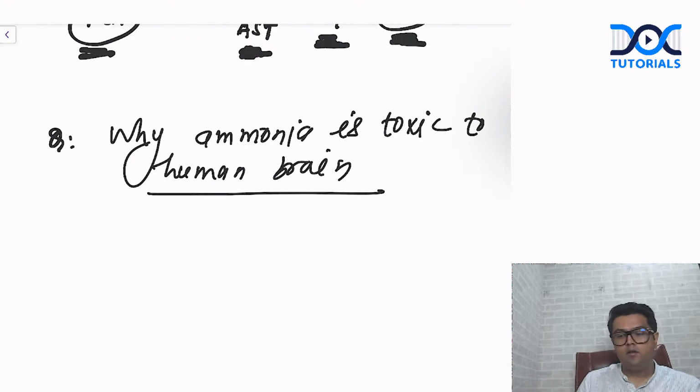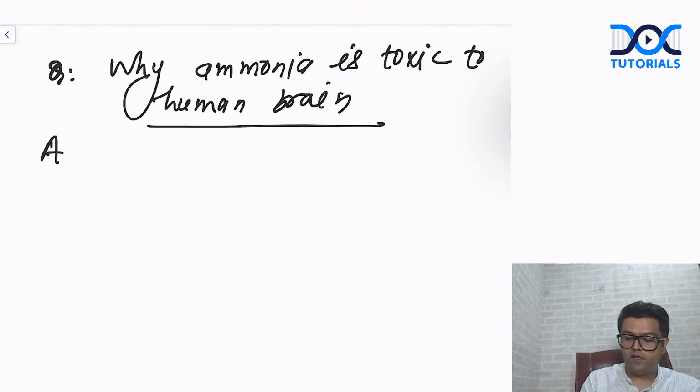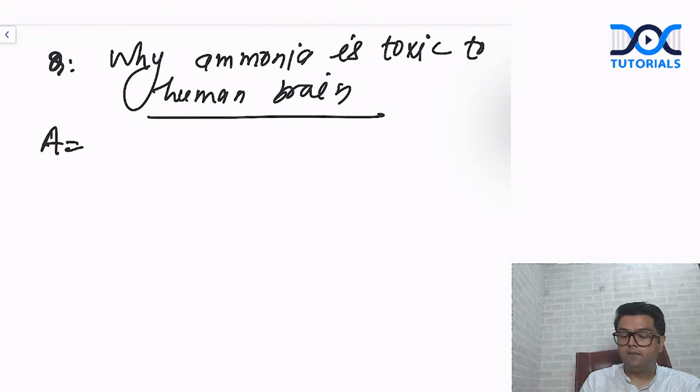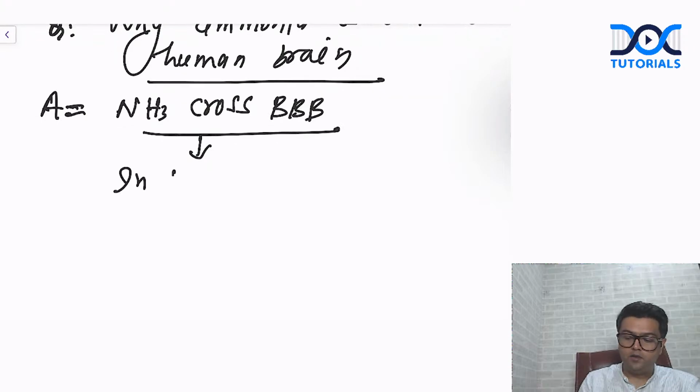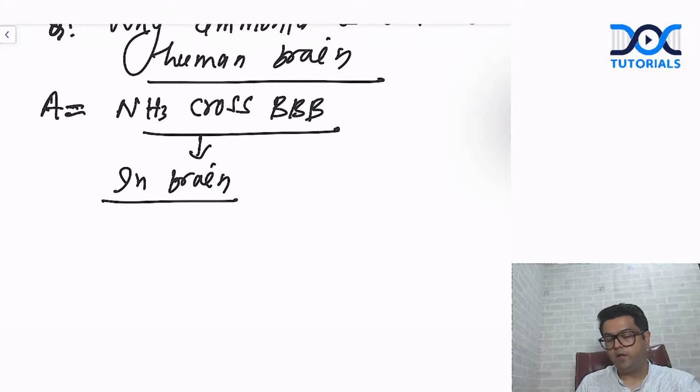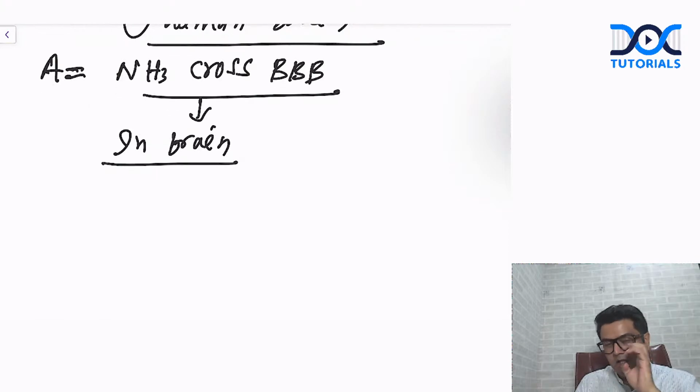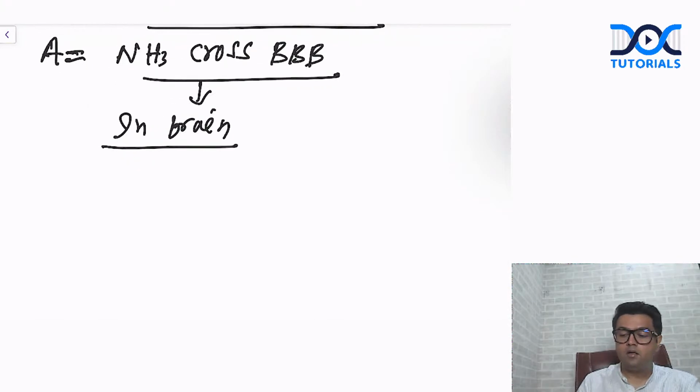Fine. So the one answer that you should highlight is that first of all, ammonia easily crosses the blood-brain barrier. When it reaches the brain, it will bind alpha ketoglutarate.